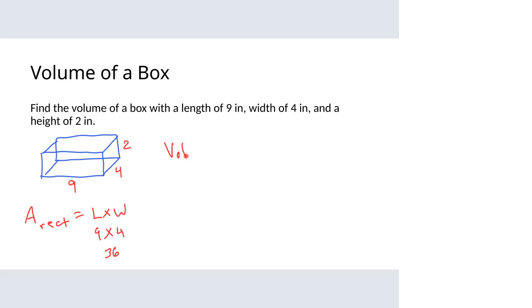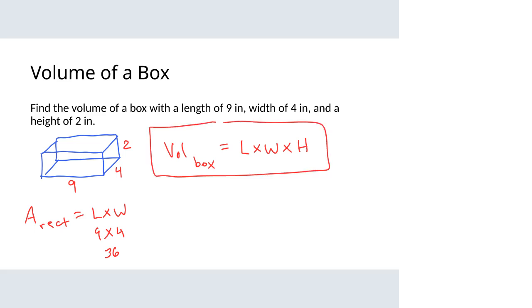If we want the volume of a box, it's just going to be length times width multiplied by the height. Essentially, how many of those rectangles will there be inside this box?